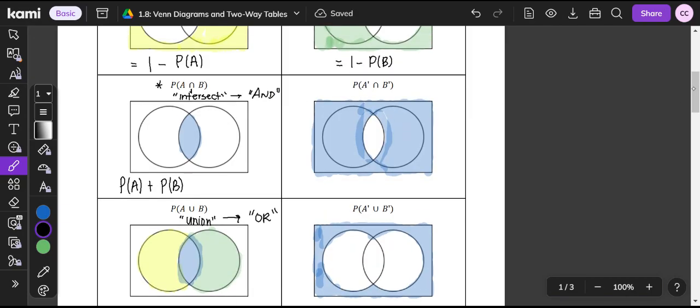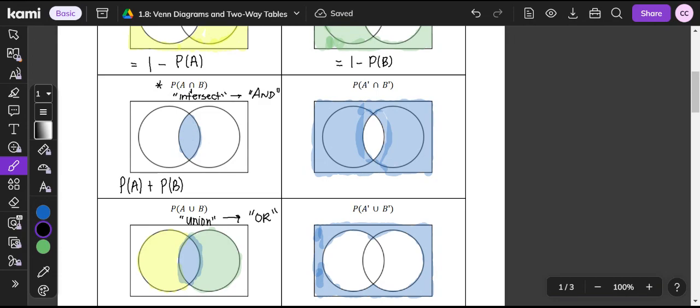Now, this might be a little misleading because if I take the probability of A, I'm including this outer part of the circle and I don't want that. Same thing with B, I'm including this outer circle and I don't want that. And then if I add these up, I'm actually adding the intersection twice. So I have one extra section of this than what I need.